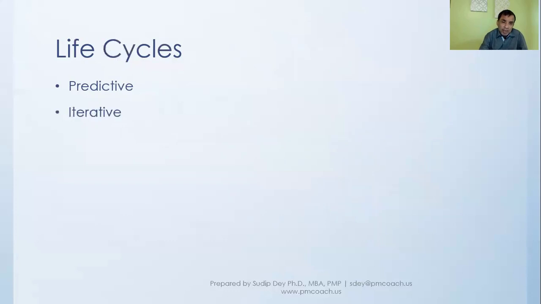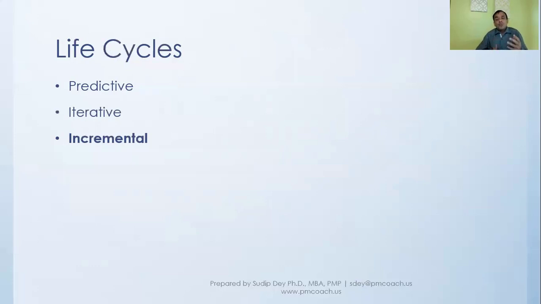As opposed to the iterative life cycle, we have something called the incremental life cycle. Now, the incremental life cycle is in a way iterative, but the primary difference is that there will be multiple deliverables, and that makes sense when the users, the stakeholders, can benefit from multiple deliverables.